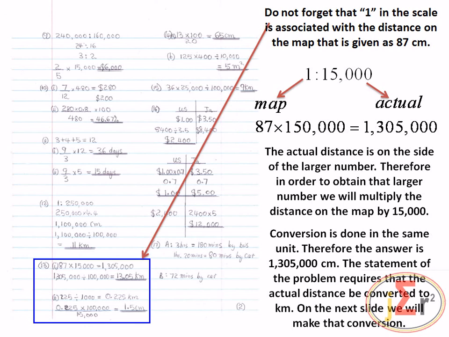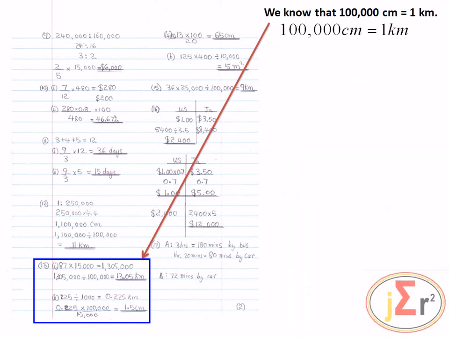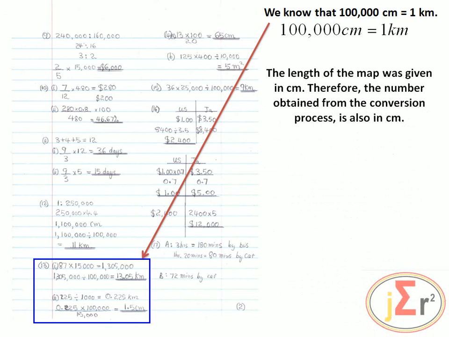On the next slide, we will make that conversion. We know that 100,000 centimeters is equal to 1 kilometer, as we used in the previous problem. And the length of the map was given in centimeters. Therefore, the number obtained from the conversion process is also in centimeters.